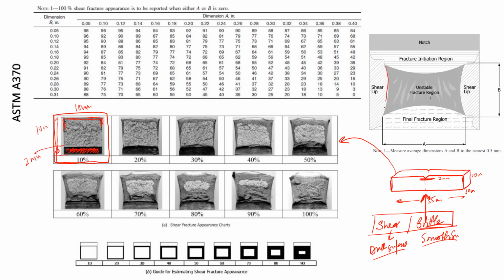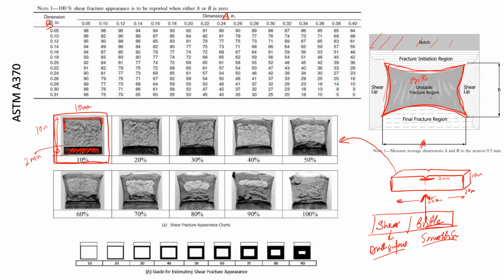So this is the typical sketch which has been drawn for the impact sample. This portion is the notch, and in the middle it is supposed to have the brittle fracture. So this brittle fracture region we calculate. Through this method, by measuring A and B, we assume that this is a kind of rectangle, and we measure this A and B. So A and B we put over here.